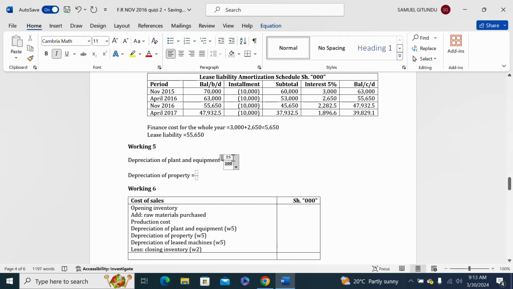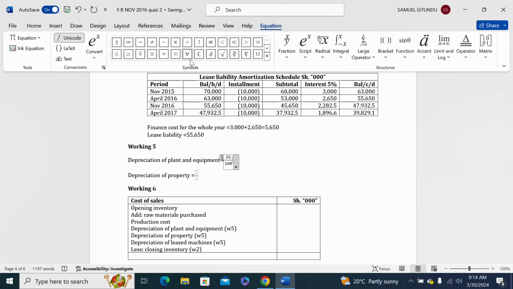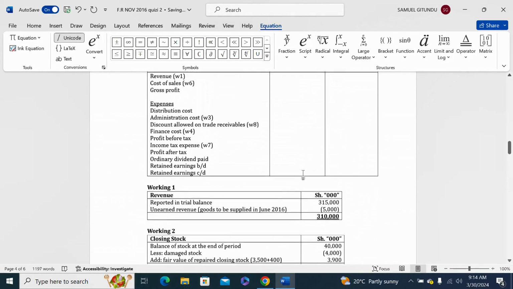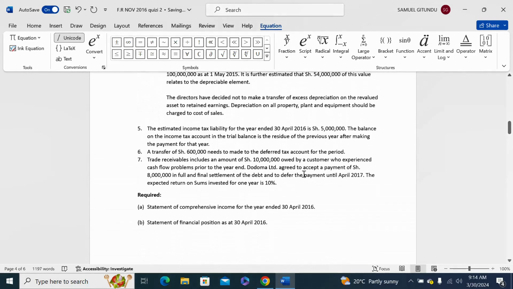We multiply by the cost, which is 90 million. And if we do that, we are getting the depreciation as 22,500,000. Then we go to the depreciation of property. Let us finish reading that additional information.